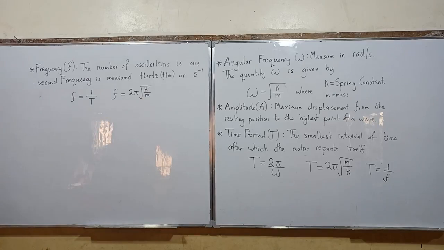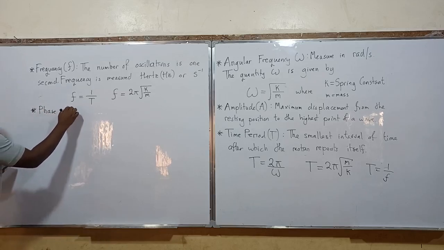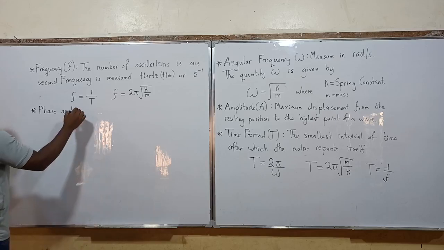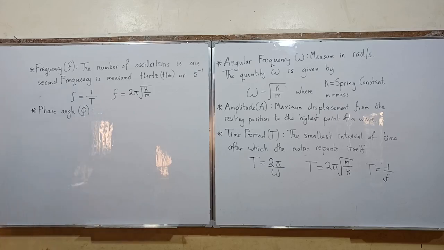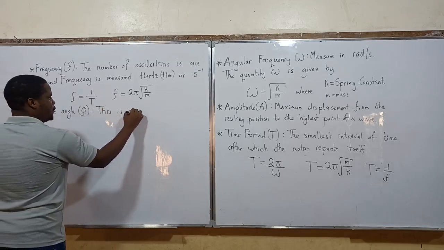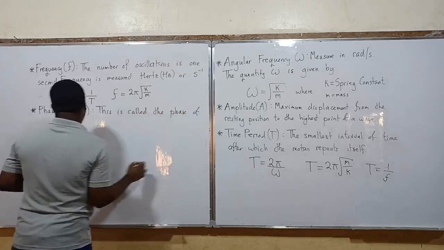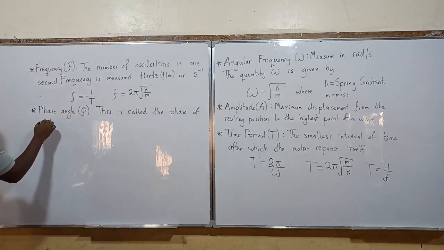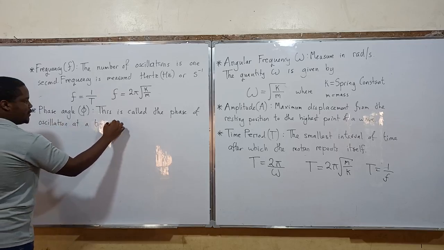Okay, something else we need to talk about is known as the phase angle. We usually use the symbol phi. You can say this is called the phase of oscillation at a time t.